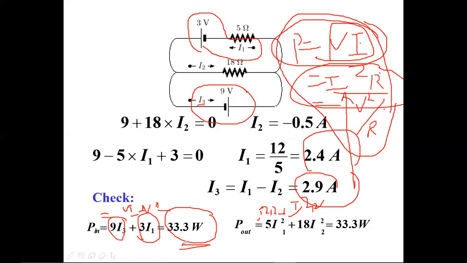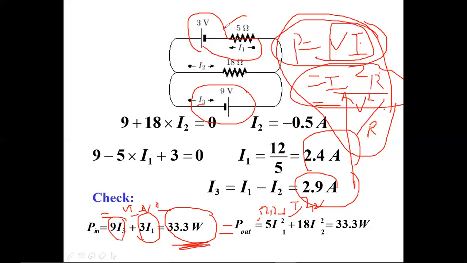This is input power. Is that input power equal to the output power? Whatever the input is, it is supposed to be the output; only then your answers are correct. Where is my power going to be consumed? From the load. Here, what are the load elements? 5 ohms and 18 ohms.